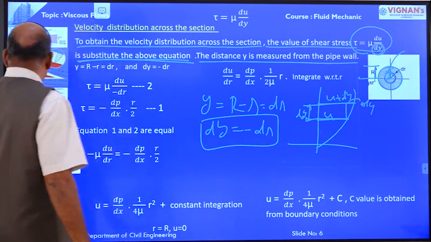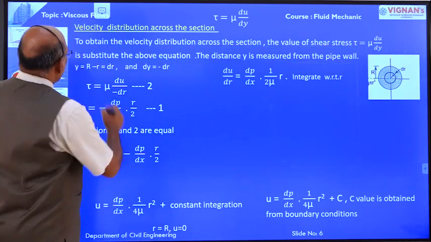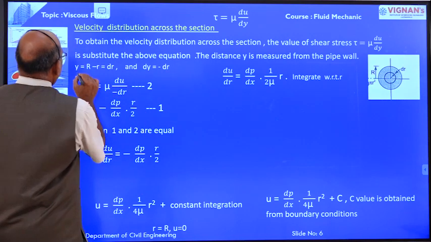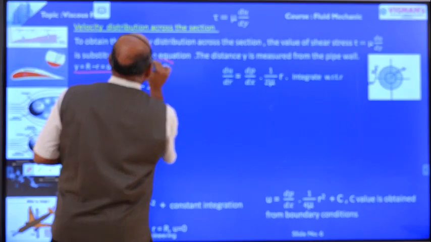Clear? Right. Therefore, based on the boundary conditions and the given diagram, dy is equal to minus dr.